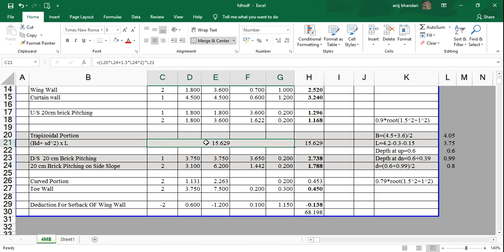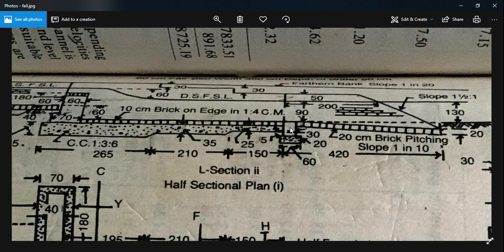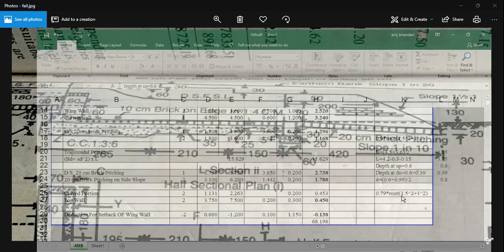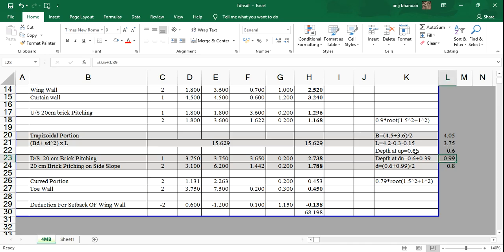We are doing here over here the trapezoidal portion. So breadth is clear, length is clear, and depth up to 60. Depth at this portion 60 clear. Depth at this portion 60 plus 39, 99 clear. Now the average of the depth at upstream and depth at downstream, average depth would be 0.8.